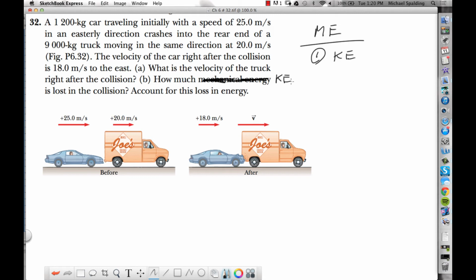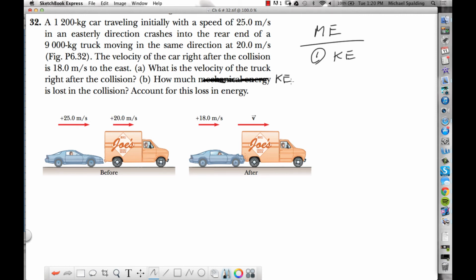To figure out how much kinetic energy is lost, you have to know two things: how much did you start with, and how much did you end with? Think about if you lose money and a police officer asks how much money you lost.